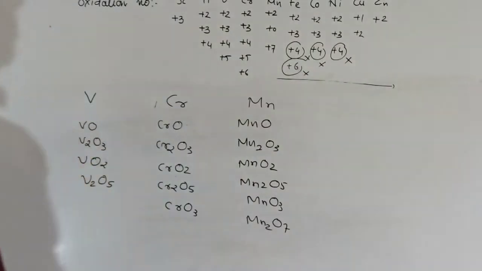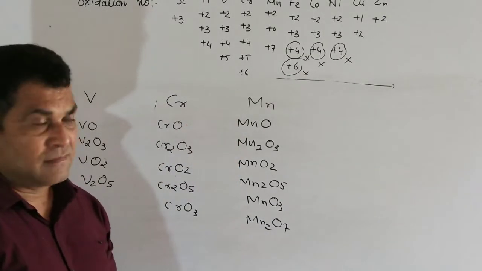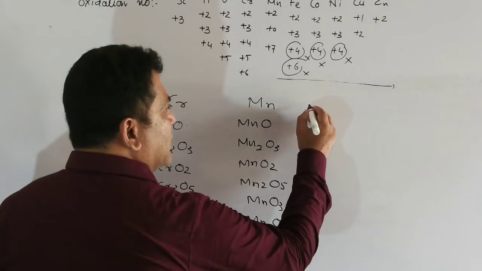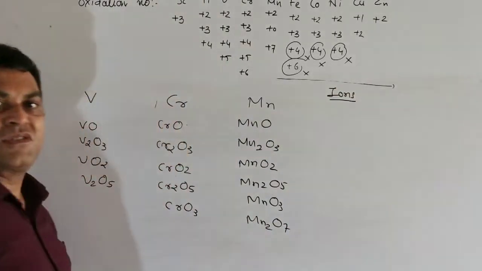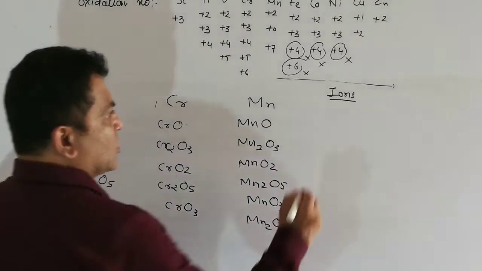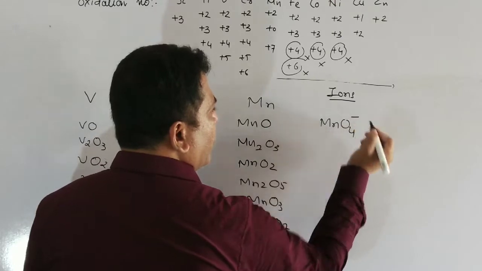So we can study first MnO. MnO can be converted into ions. How many ions are there? One most famous ion of this is MnO4 minus.